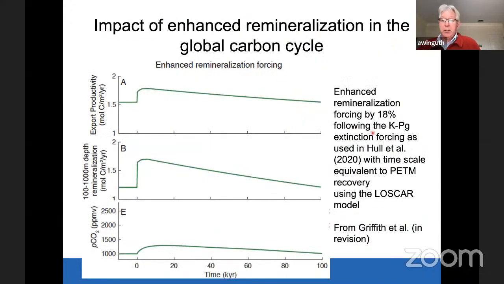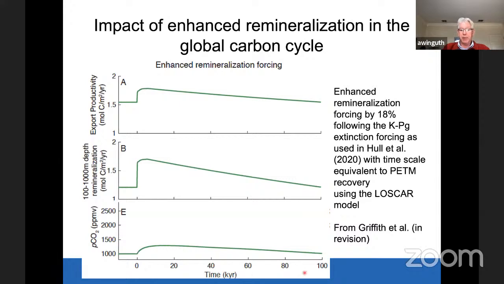So we have then looked into a more simplified model simulation. That work has been done by Don Penman from Yale. He had done an increased remineralization simulation with the LOSCAR model. And this shows here about an 18% increased remineralization as inferred from the KPg boundary from Kelly Hull.